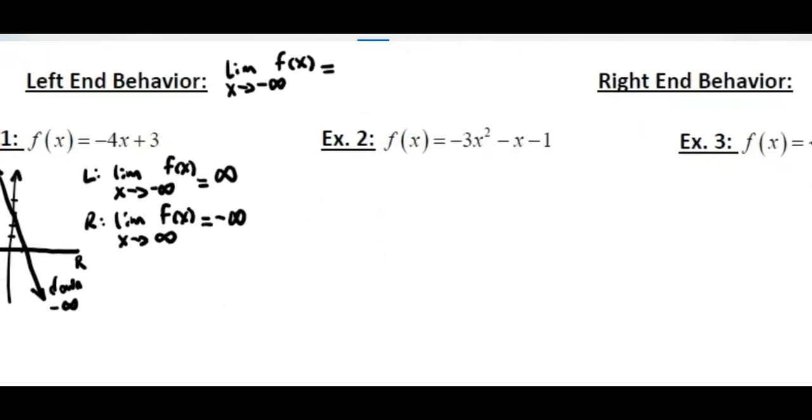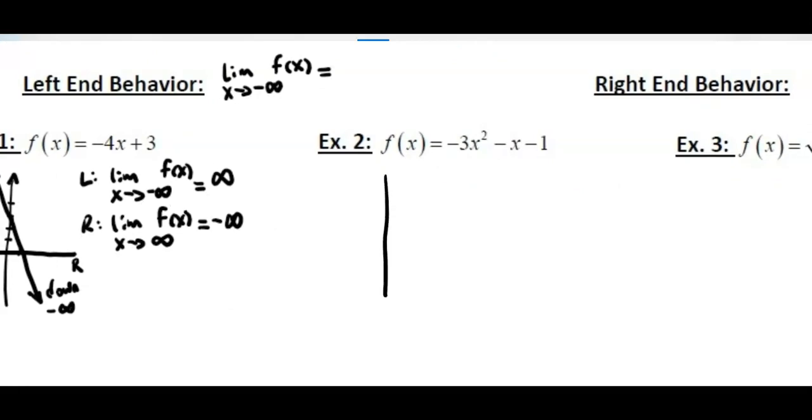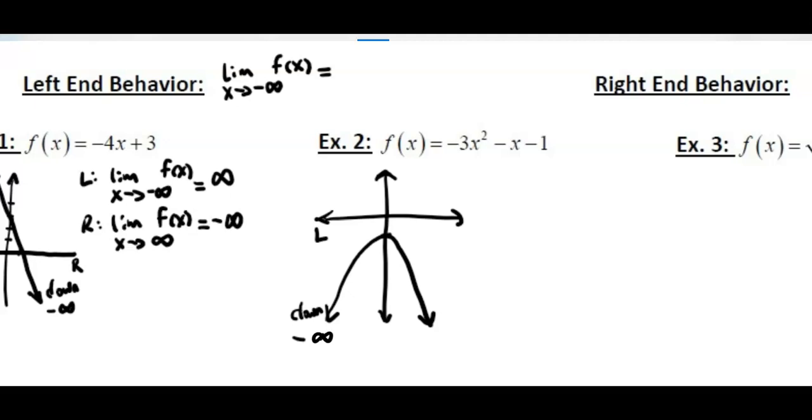If we look at the next example, this is a parabola that's facing down. And so here as it's going to the left, it's going down. And so it's approaching negative infinity. And it's doing that also as it approaches on the right. As we move to the right, it's going down or also towards negative infinity.